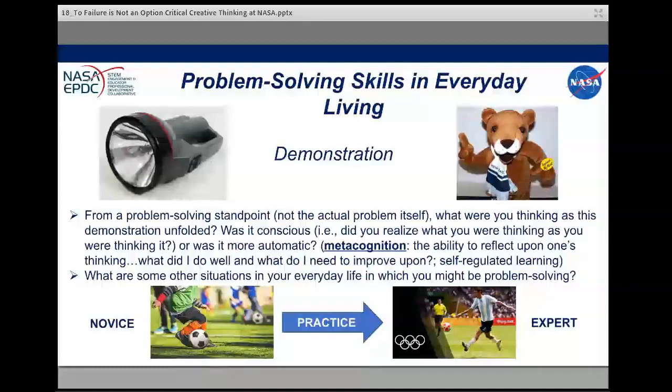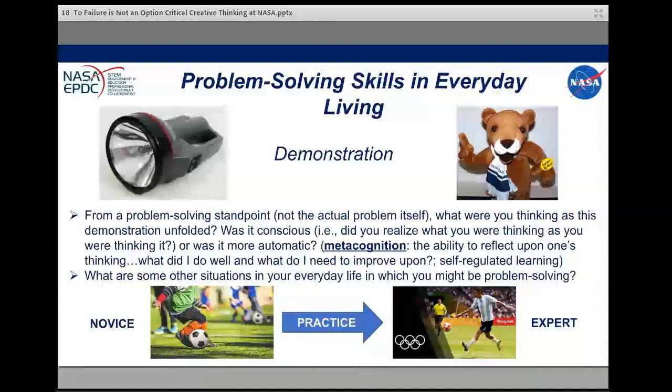In learning these creative and critical thinking skills, to make the transition from the novice, our students, to the expert, and to the spectacular things that we see with NASA, there's really a need to develop that metacognition skill, that ability to look back on yourself in a self-reflective way, to understand what you've done well, what you need to improve upon, and to troubleshoot and know where to go to find the resources to help you improve.